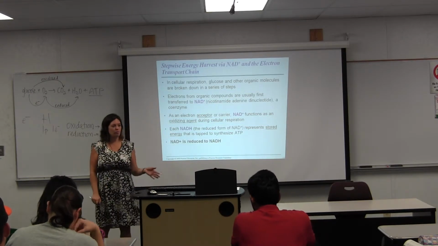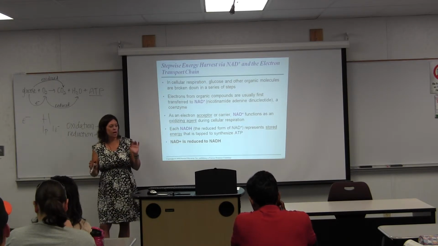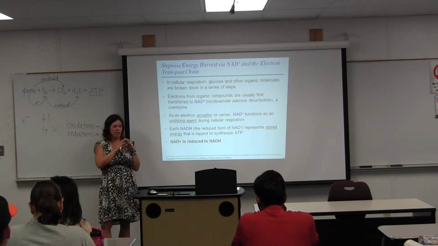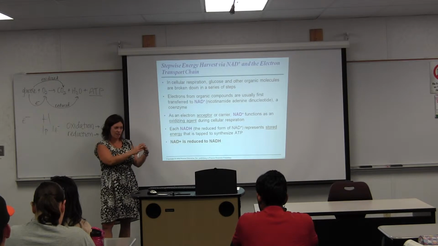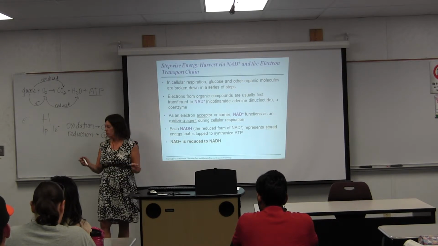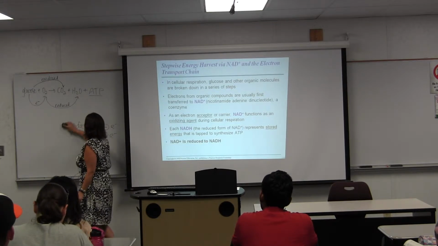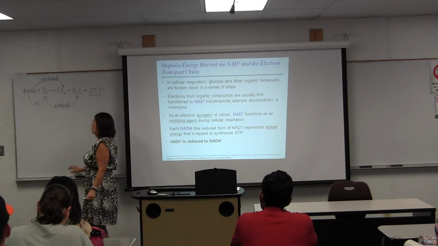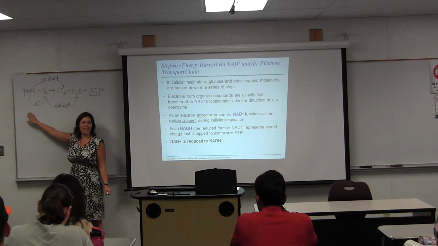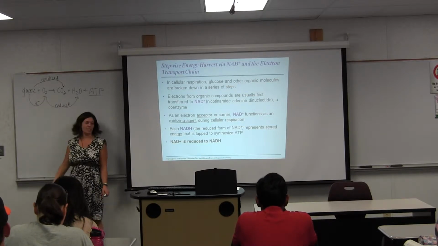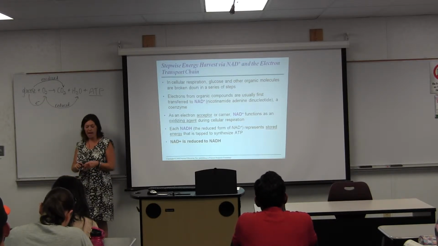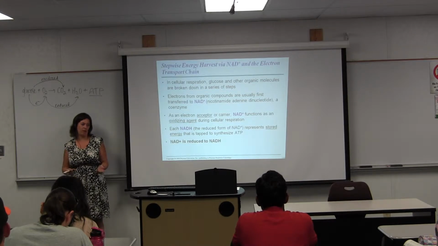Okay, so remember I mentioned these little taxi cab drivers that are going to shuttle these electrons around? Now we're going to introduce those. Whenever we take these electrons away from glucose, their destination is oxygen. So we have what are called electron carriers.